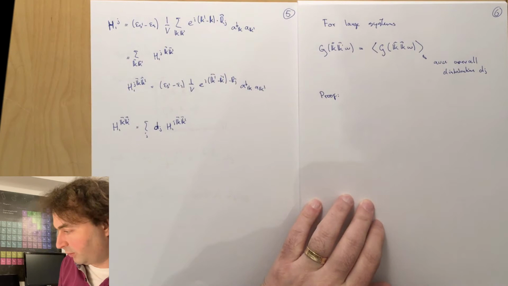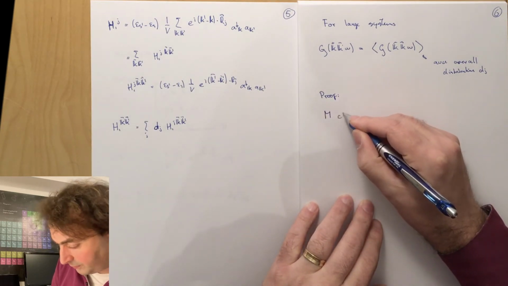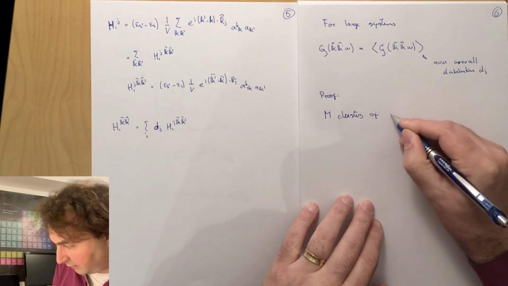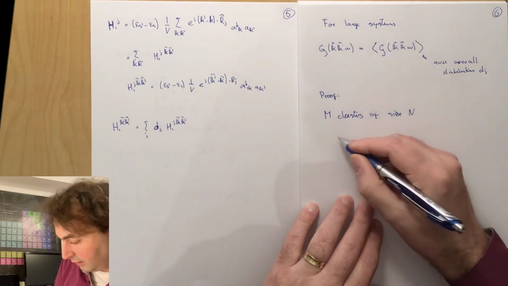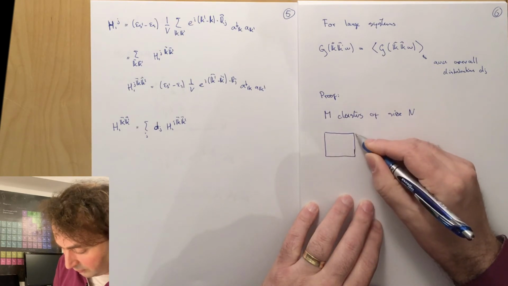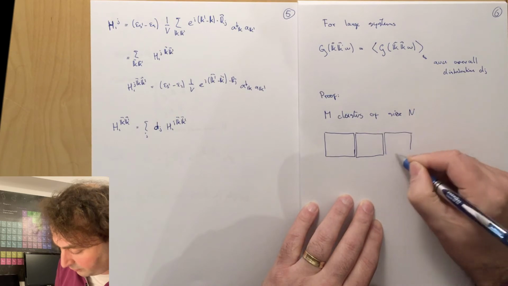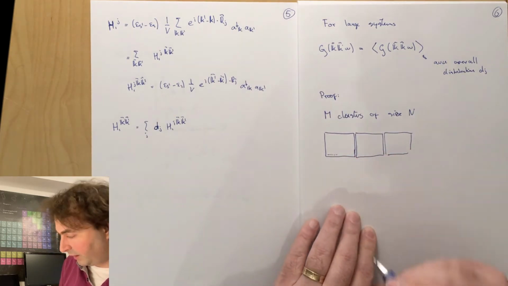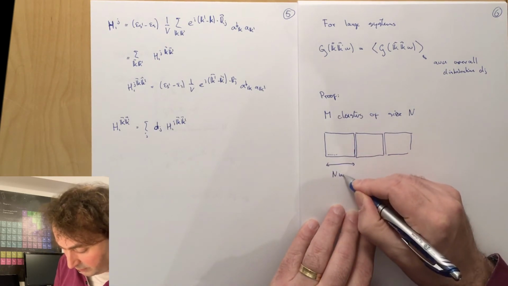And let's give you a proof of this. If we have M clusters of size n, and n is really large, so we have here a cluster and then another cluster, so a finite sized lattice in which we have our atoms, and we have many atoms, and n is large.